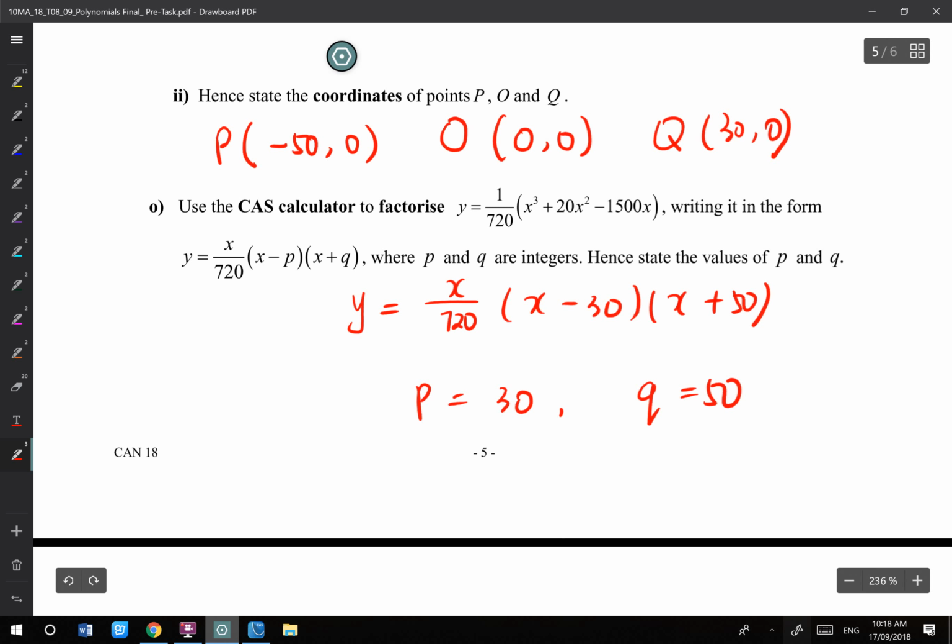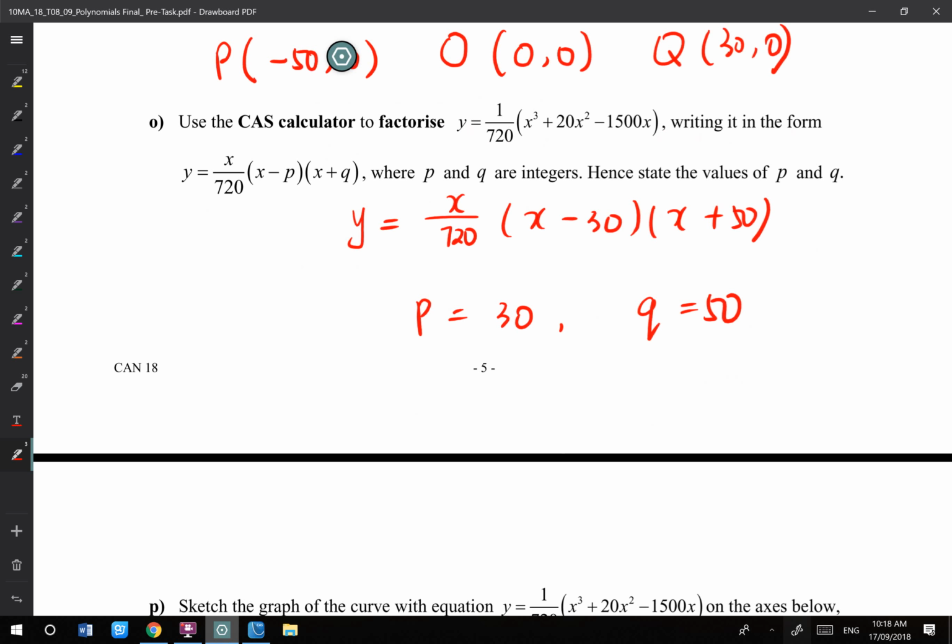The minus is minus 30, the plus is plus 50. So P is 30 and Q is 50 in this question. Any questions? No? Okay, let's move on to the next one.